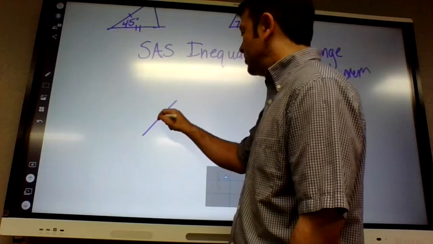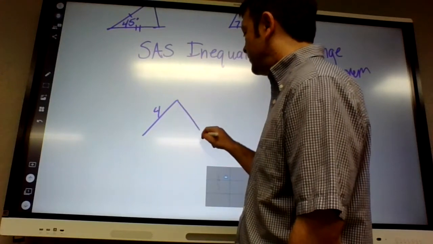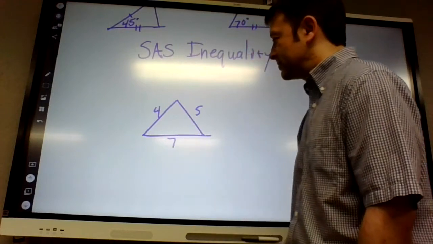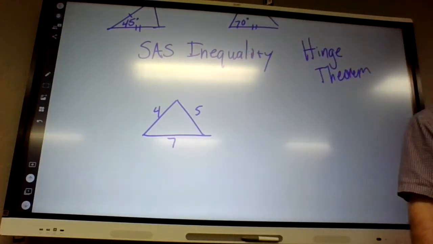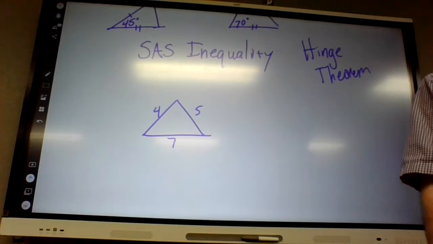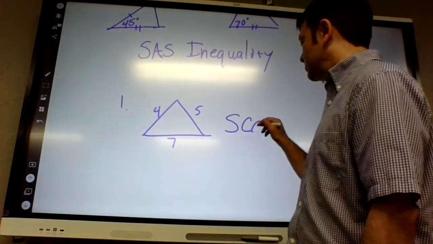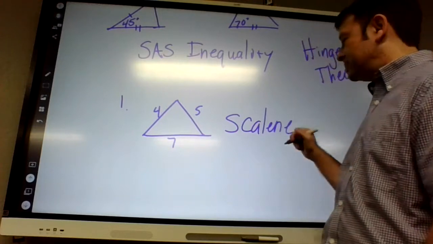So we have a 4 and a 5 and a 7. Looks something like this. That's possible. What kind of triangle is it? Scalene. So not only do you need the sketch, you also need the scalene.